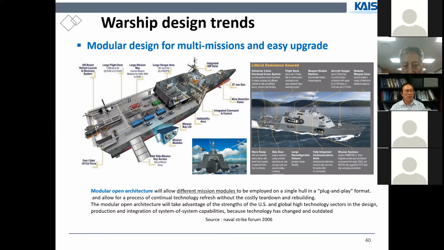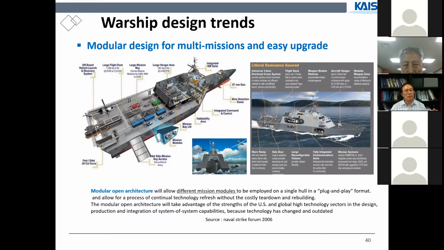This is an example of a frigate. This is a trimaran frigate. There are many spacious areas for upgrade. This one is for the launch and recovery systems, for example unmanned systems, and the large flight deck. According to the operation kinds, they can select the helicopter type and the large mission bay and large hangar areas.